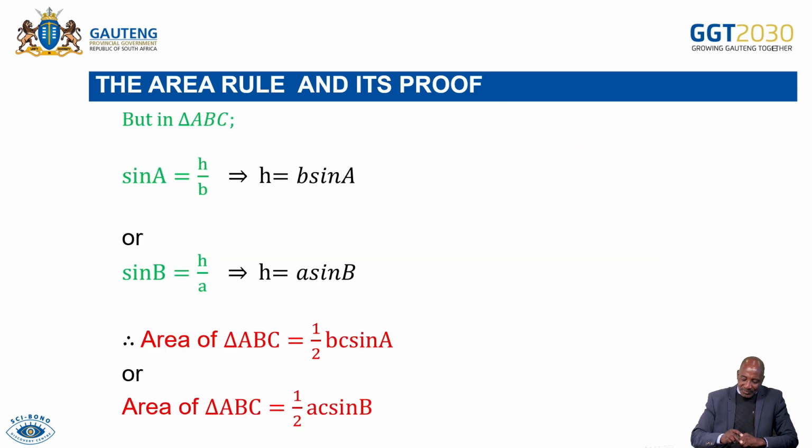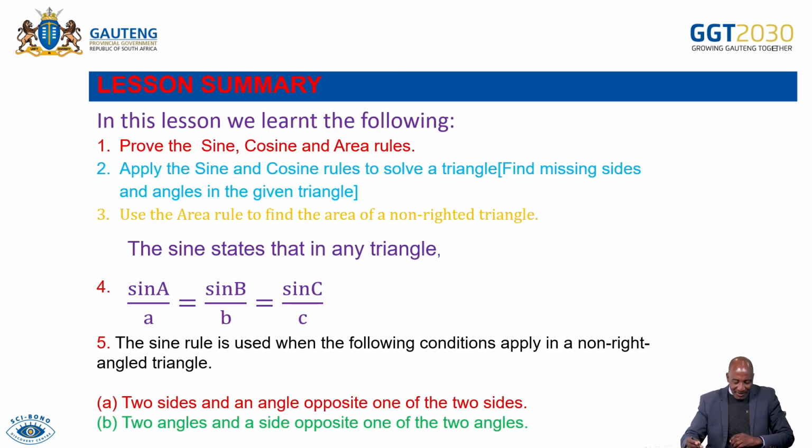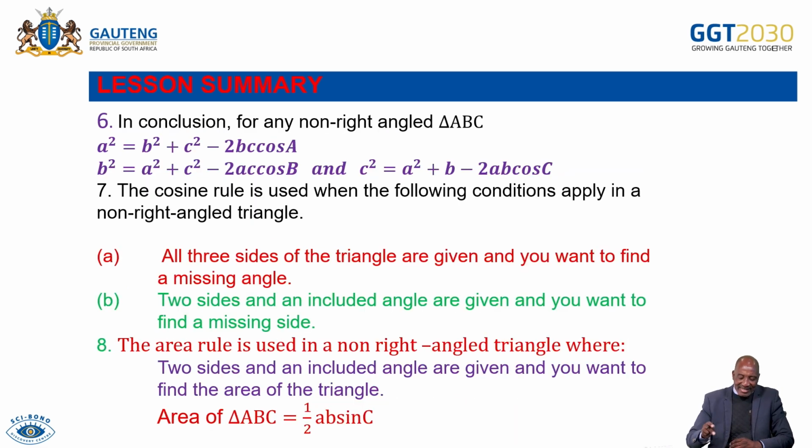Okay. Right, so like I said, you will need the sine rule when you have two sides and an angle opposite one of them, or two angles and a side opposite one of them. Otherwise, the cosine rule: you need all three sides. You can apply it when you have all three sides, or you have two sides and an angle between them. That angle between them will obviously lead us to the area rule also.